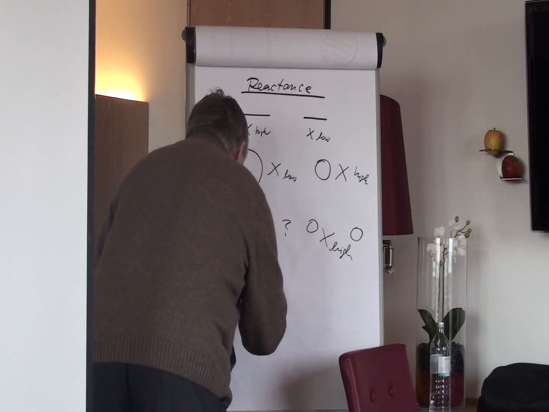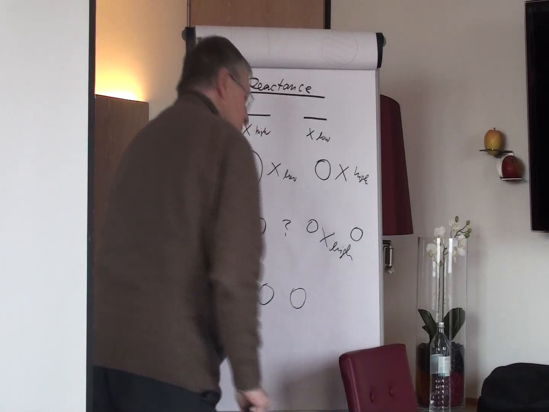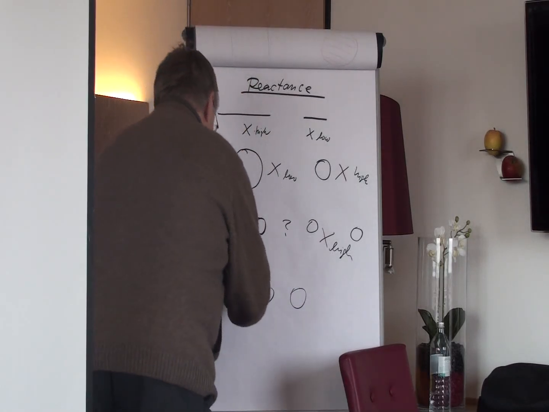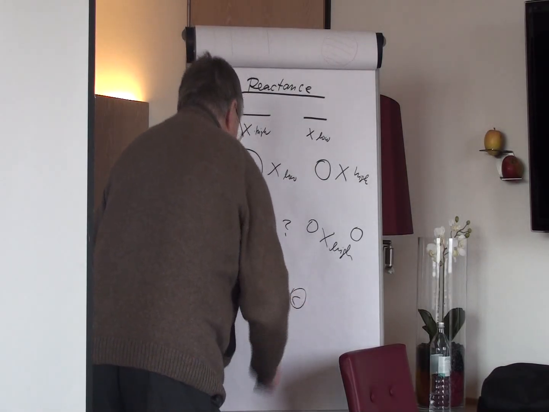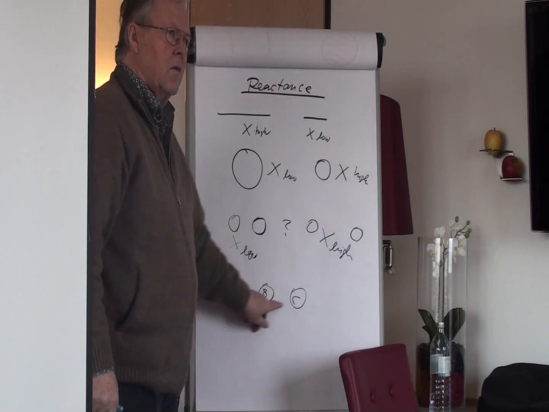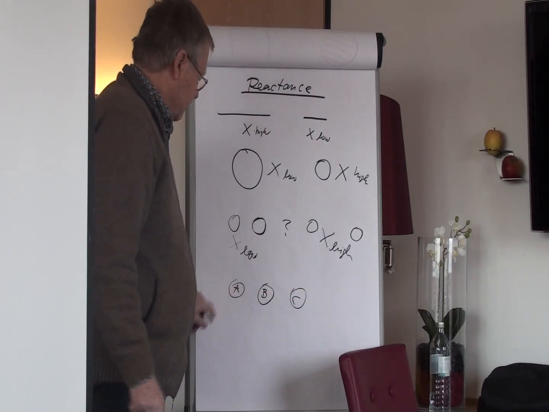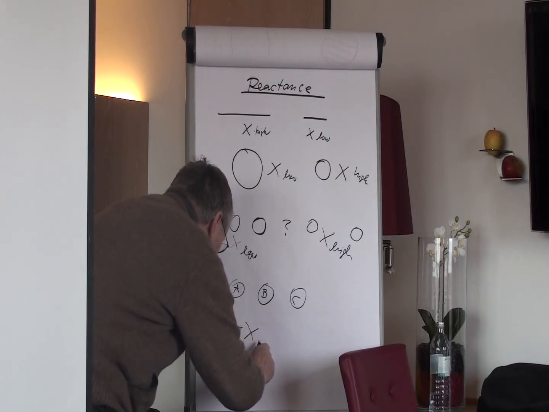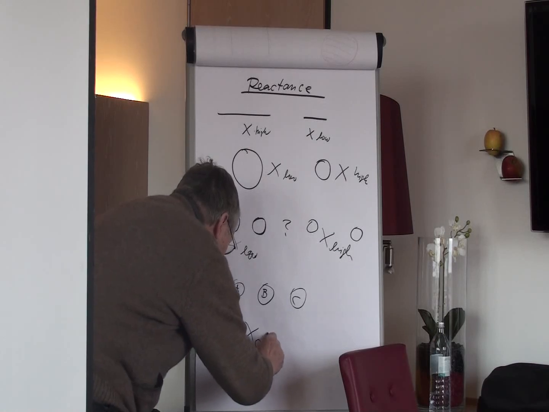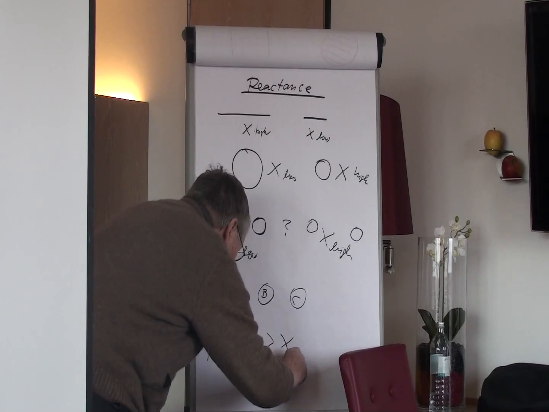And if you have this system, phase A, B, C, this is what we speak about today very often. XA is identical to XC, but greater than XB.